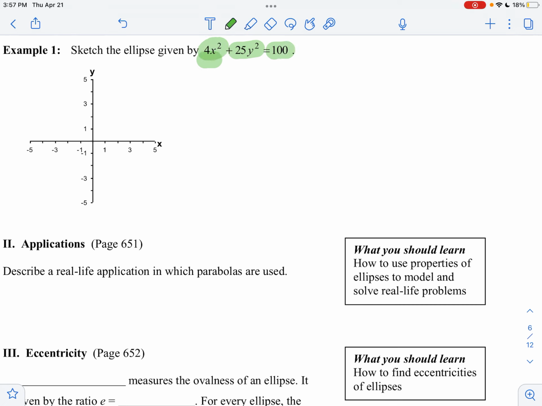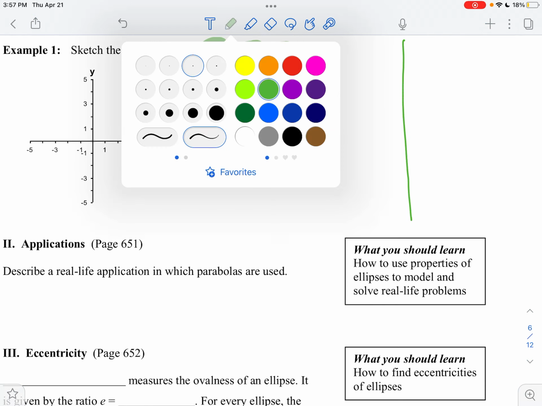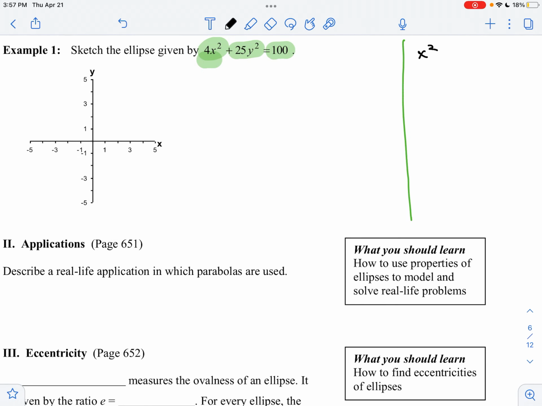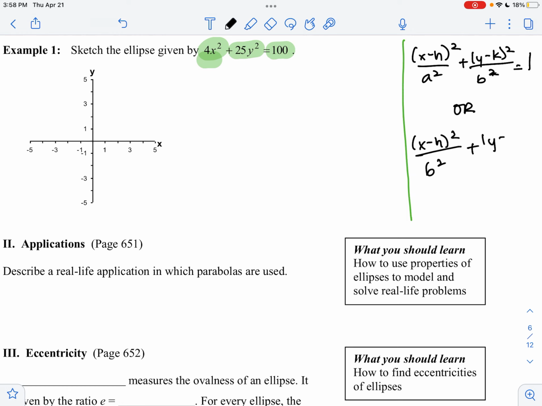So keep in mind, our two equations that we're looking at are x minus h squared all over a squared plus y minus k squared all over b squared equals 1, and that's for our horizontal, or we know x minus h squared all over b squared plus y minus k squared all over a squared equals 1. Clean that up. So this is a horizontal ellipse. This is a vertical ellipse.